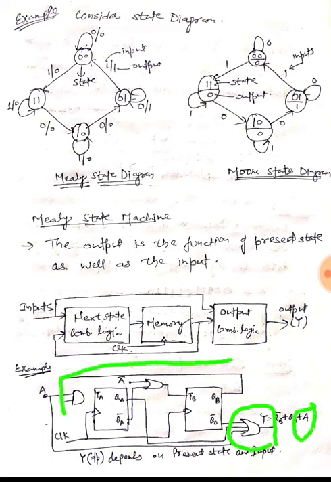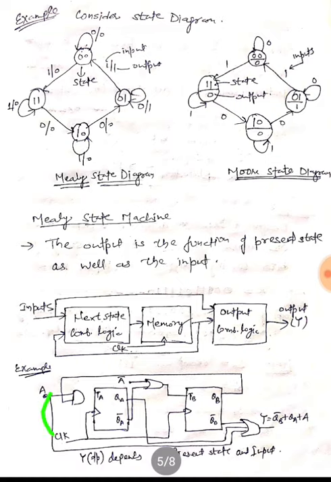So here the output depends on the input as well. So output depends on both the current state and the current input. So this is the basic difference between a Moore and a Mealy state machine.